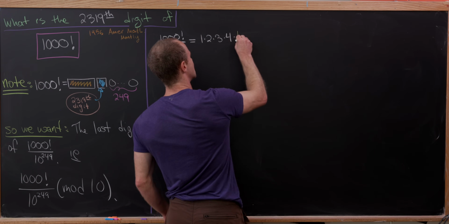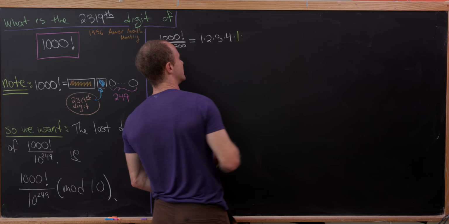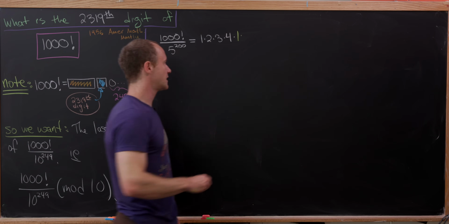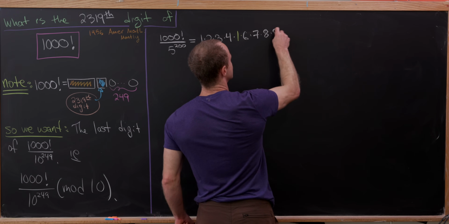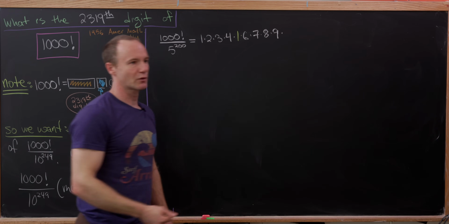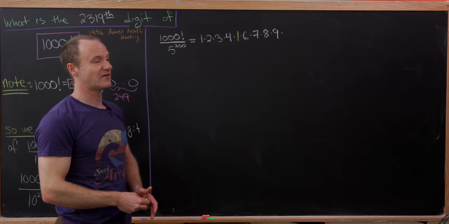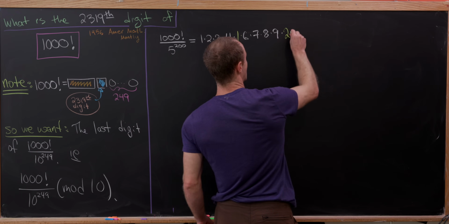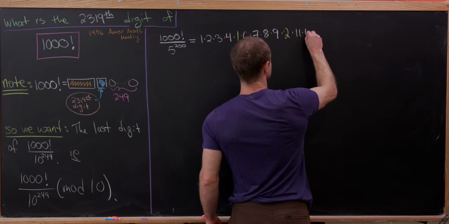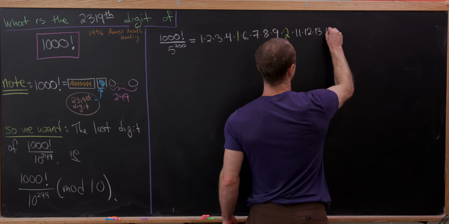So I'll just put a yellow 1 there to show that we've divided 5 by 5 to give us 1. And then we'll have 6 times 7 times 8 times 9. But then the next number would be 10, but we've divided 5 out of it, leaving a 2. And then after that, we'll have times 11 times 12 times 13 times 14.